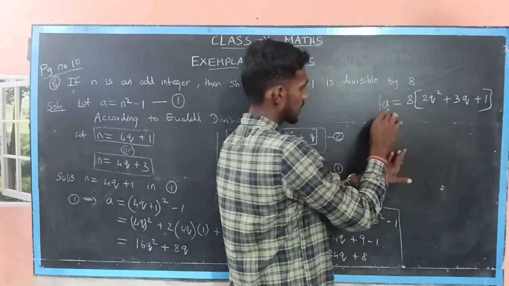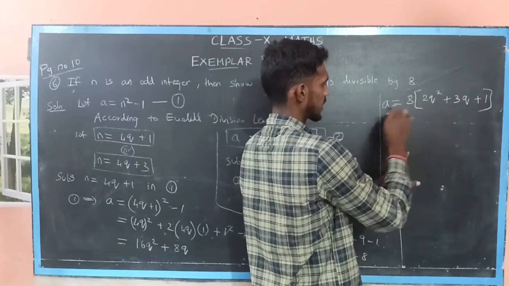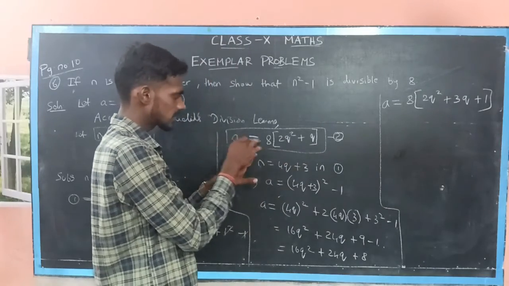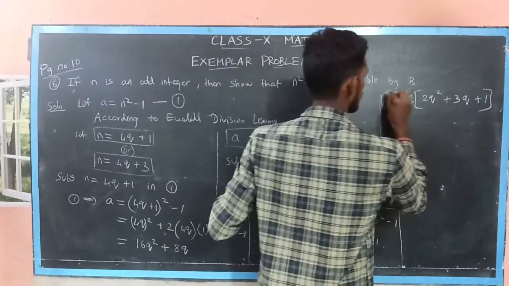Now I can say that a is a multiple of 8, that is, a is divisible by 8. In this step also, a is divisible by 8.